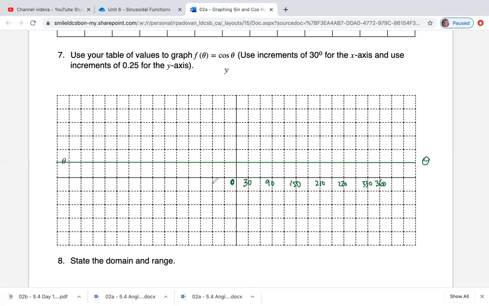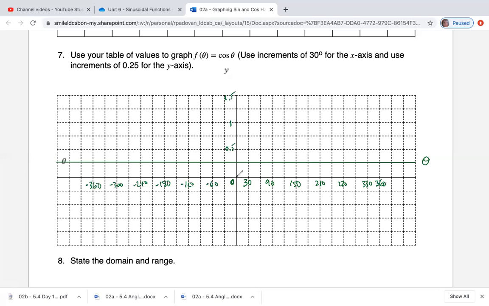Negative 30, negative 60, negative 90, negative 120, negative 150, just keep going by 30, negative 180, negative 210, negative 240, negative 270, negative 300, negative 330, negative 360. And again, it's 1, 2, 3 away from the end. And if I go up by 0.25, this would be 0.5, 1, and 1.5 at the top.